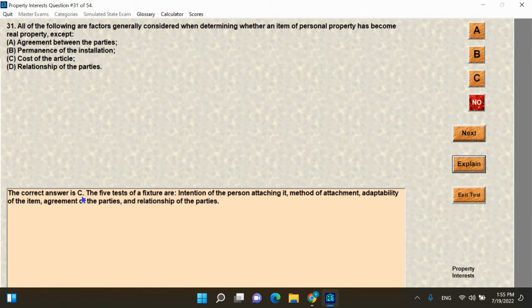So the correct answer is C. The five tests of a fixture are intention of the person attaching it, method of attachment, adaptability of the item, agreement of the parties, and relationship of the parties.